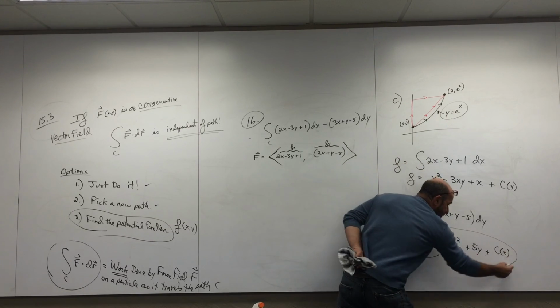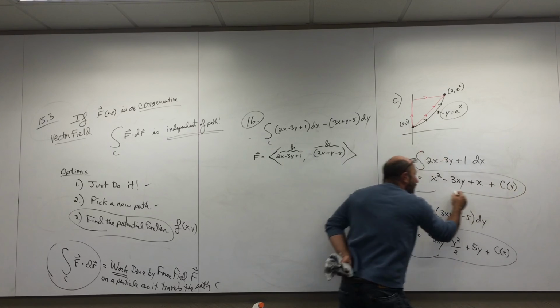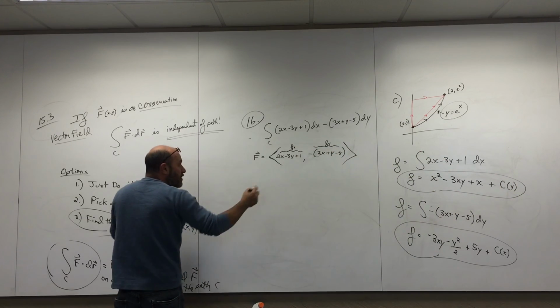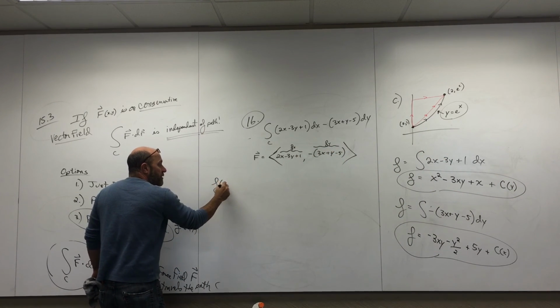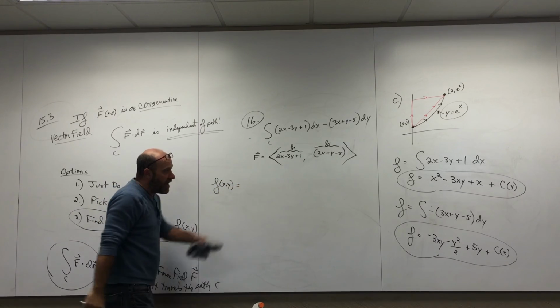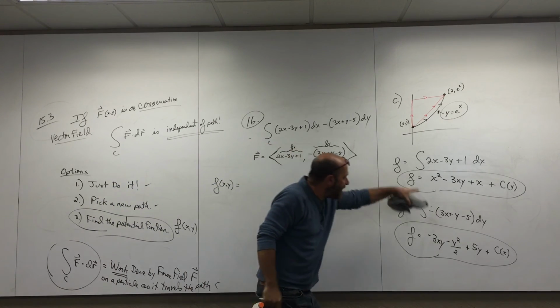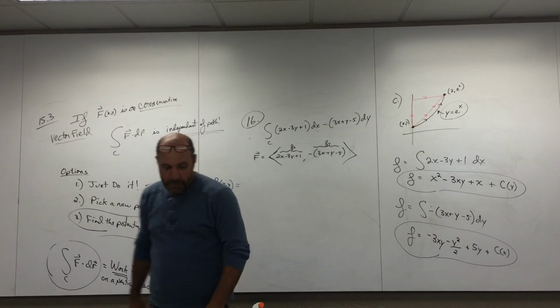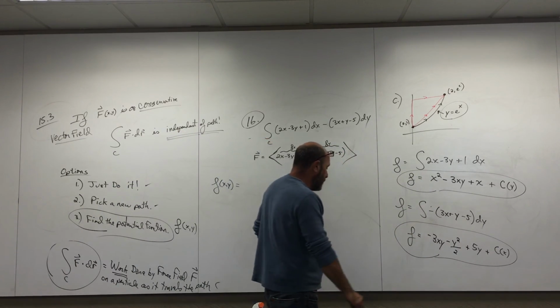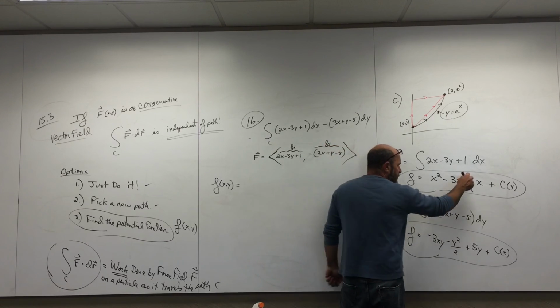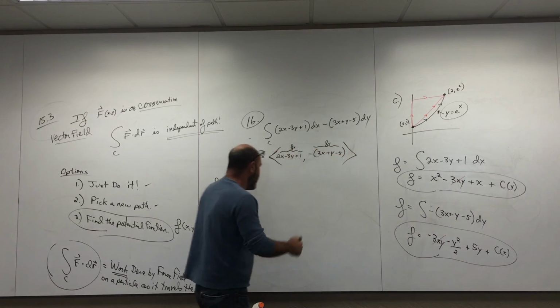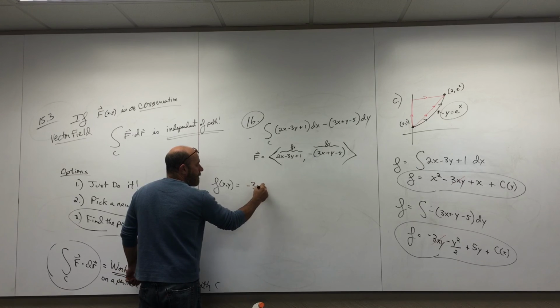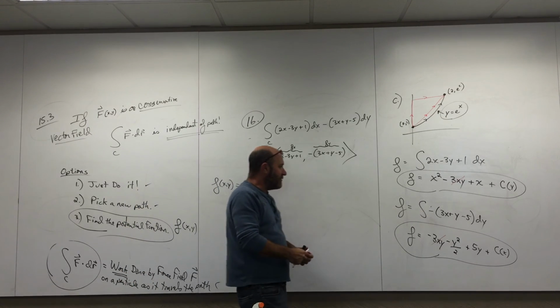Now you take this f and you take this f, and you match them up and build your ultimate f. Your final version of f just comes from matching up what these have in common. What do they have in common? Well, they both have this negative 3xy, so that needs to be in here. What else do they have in common?